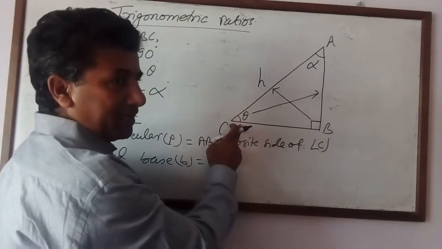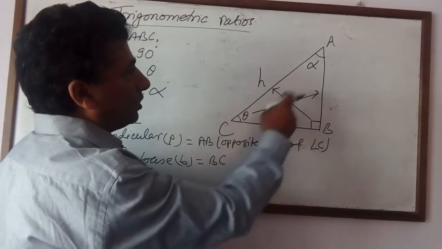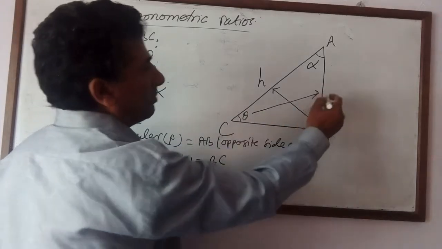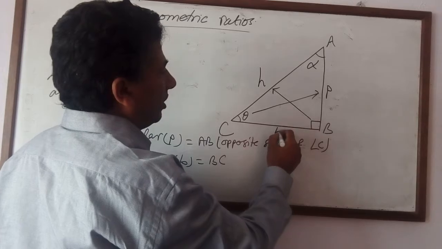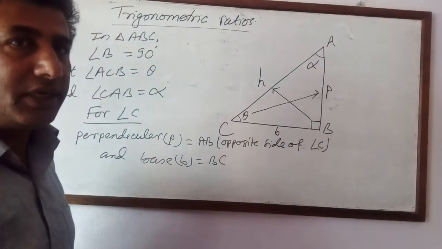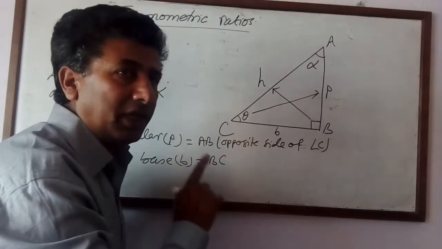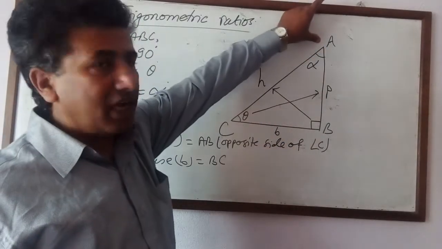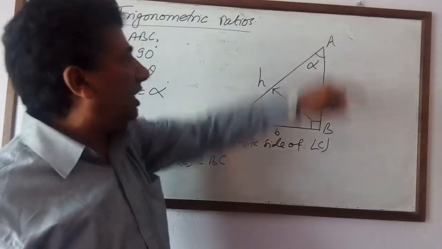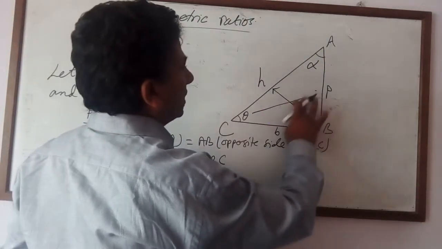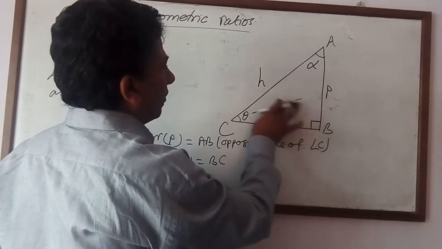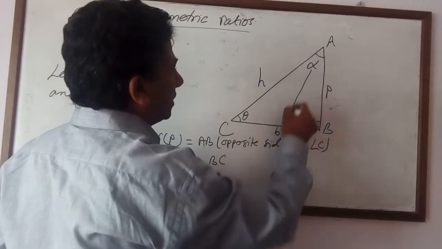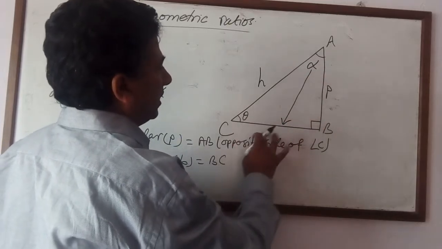But for angle C, the opposite side is AB. AB is perpendicular, and this one will be the base. I have already mentioned this in my previous video also. Now if you take angle A, its opposite side is BC.